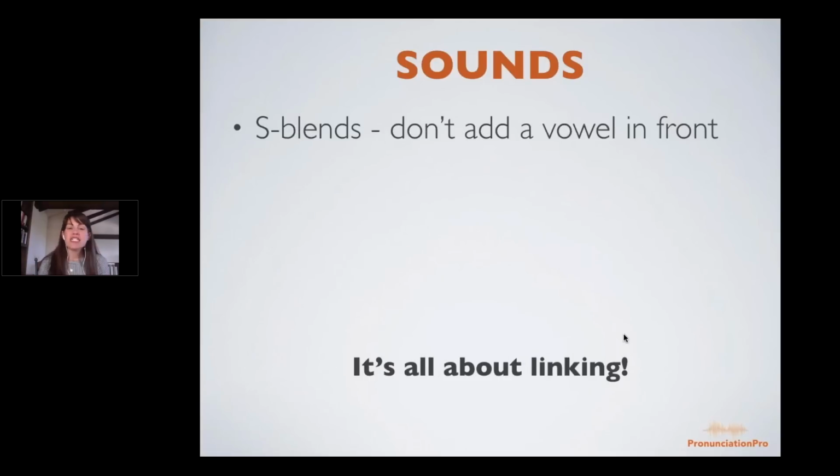All right, for the S blends. S blends, what tends to happen is a lot of our Spanish speakers will say esters or study and kind of put that buffer vowel in the front. And again, there's a theme here. It flows better when you put a vowel in front of the S blends.